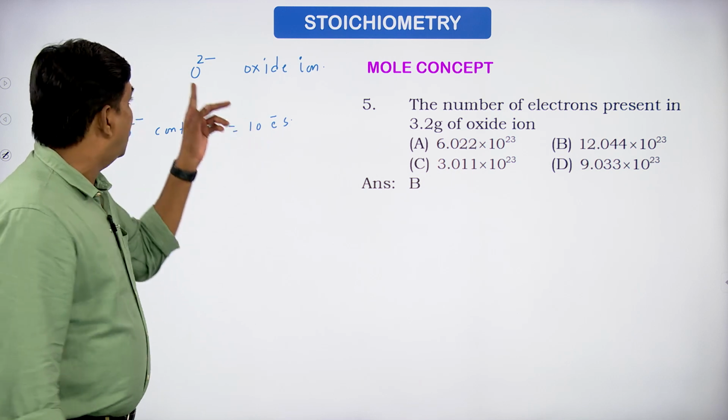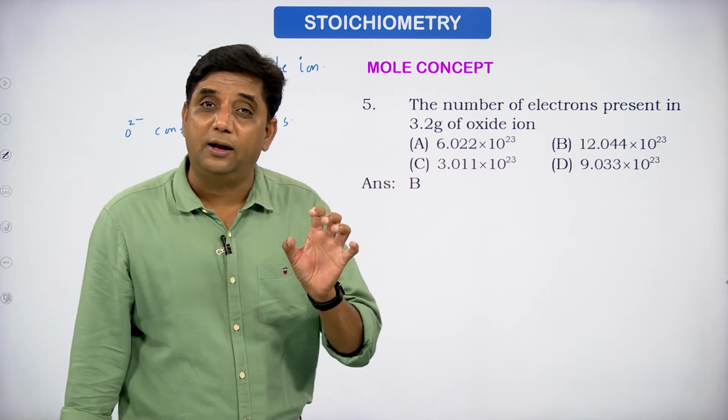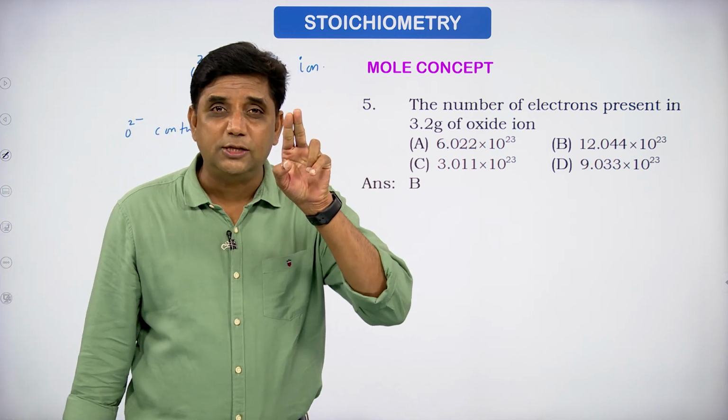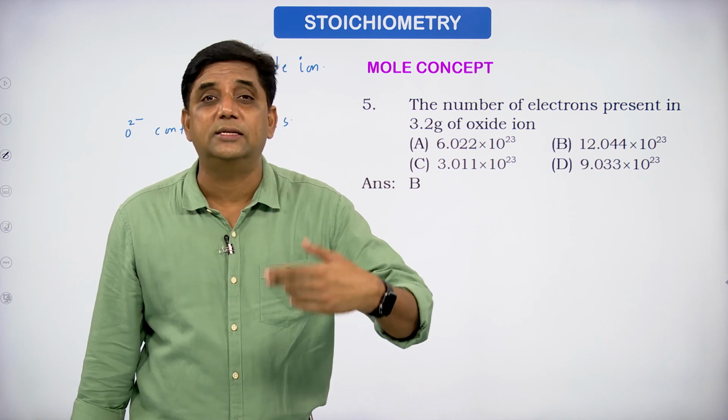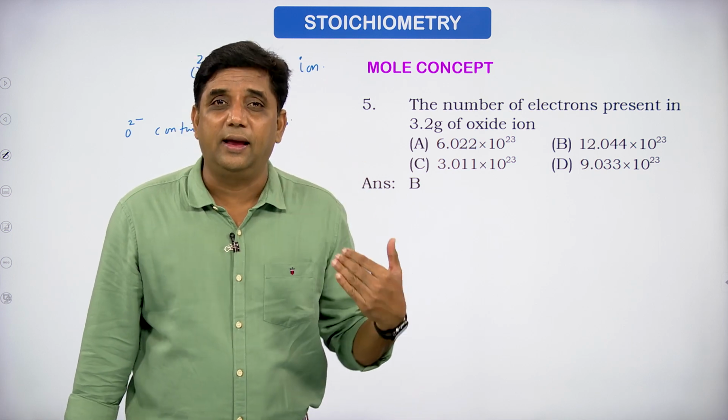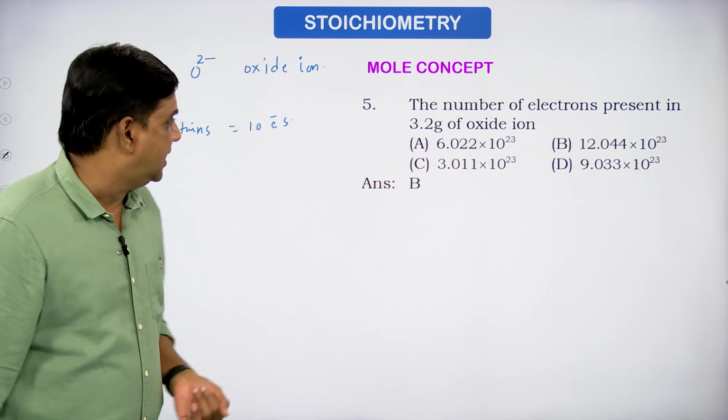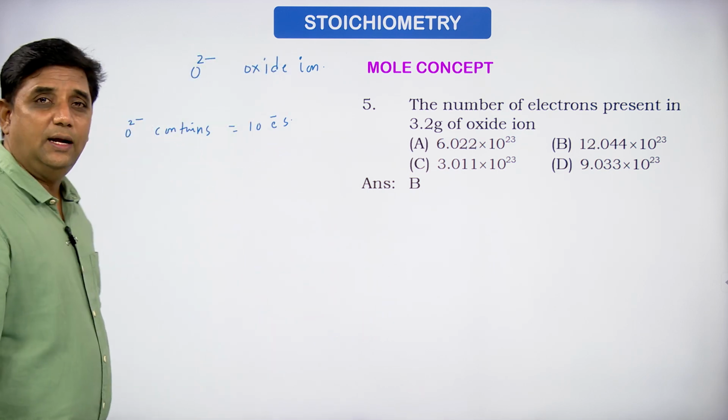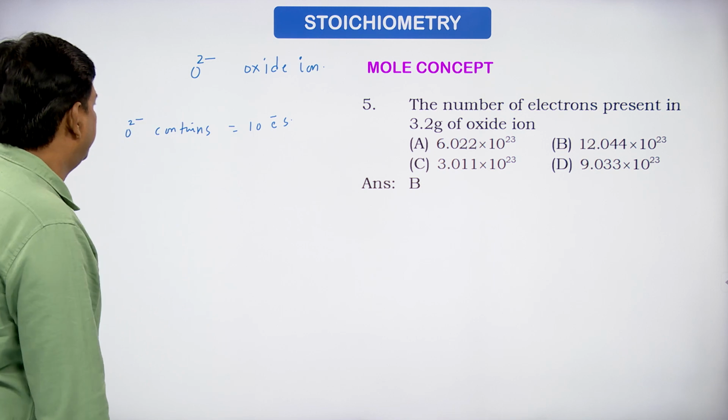How 10 electrons? Oxygen atomic number is 8, therefore it contains 8 electrons, and it has 2 negative charges, which indicates the gaining of 2 electrons. So, 8 plus 2, 10 electrons. O2 minus contains 10 electrons.